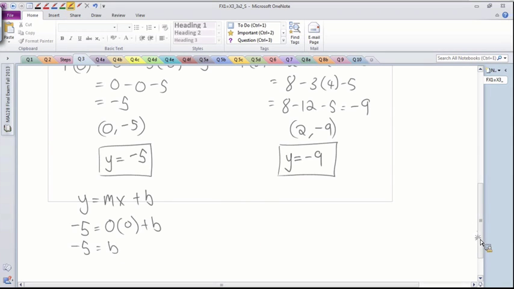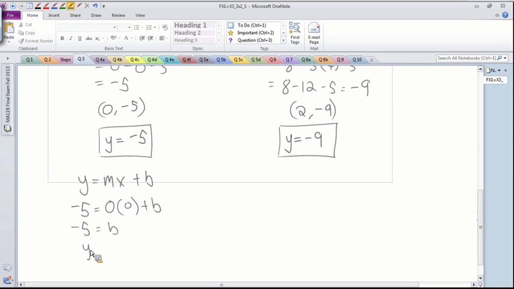Plugging that back into y equals mx plus b, you have y equals -5. It's still the same thing. You just don't have to go through that whole process every single time if it's a horizontal line that you're looking for. So any other questions?